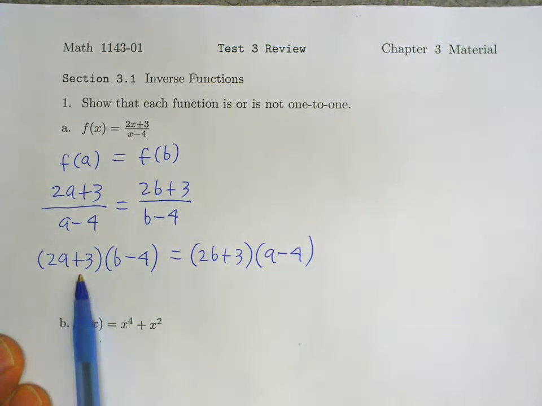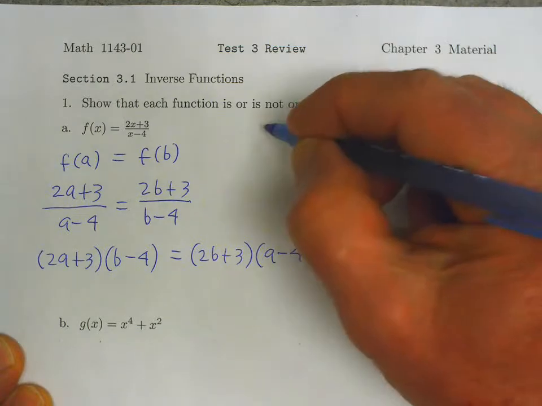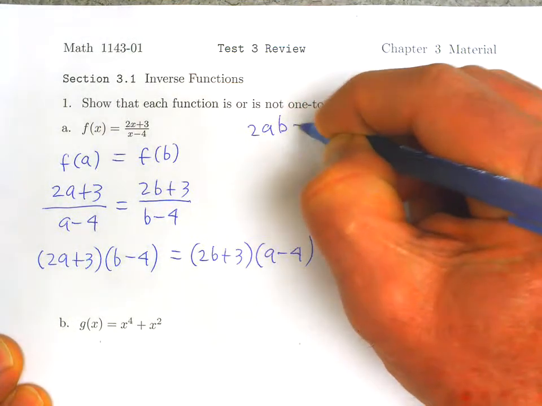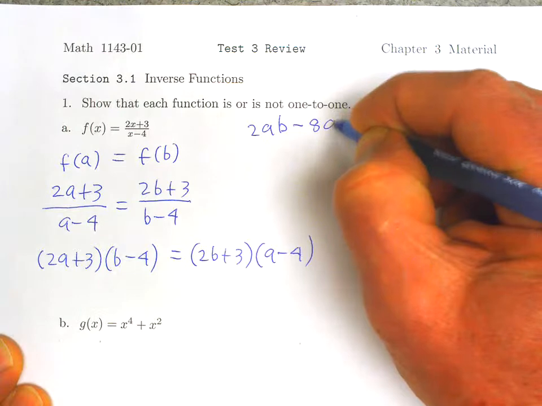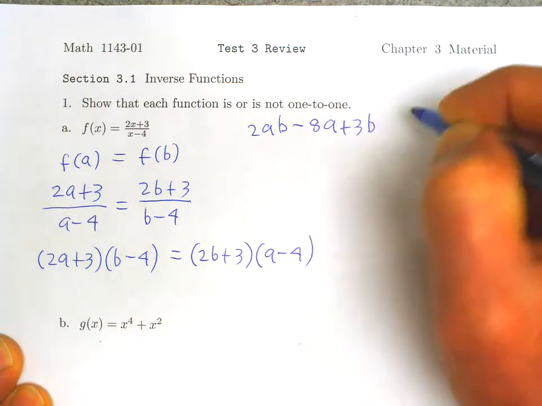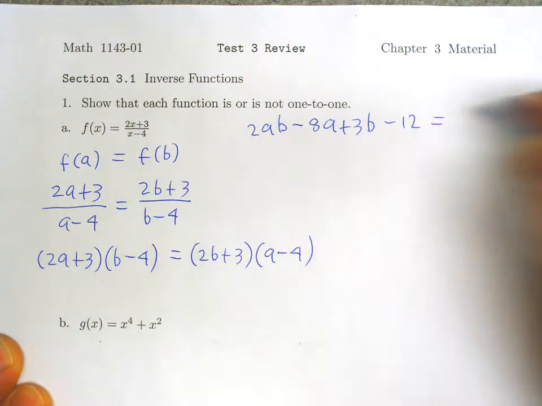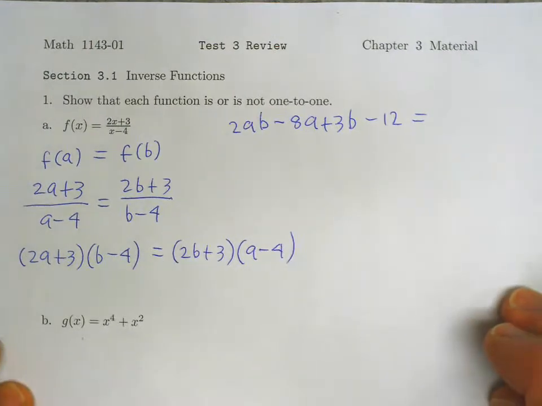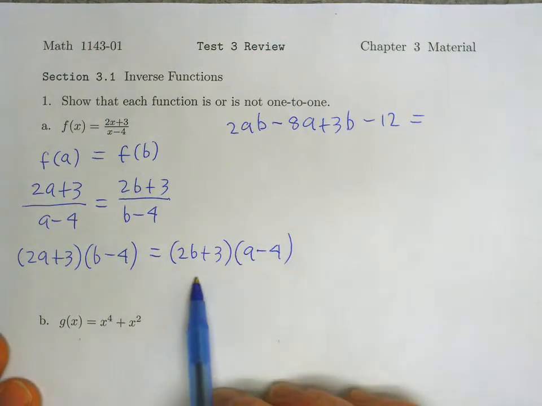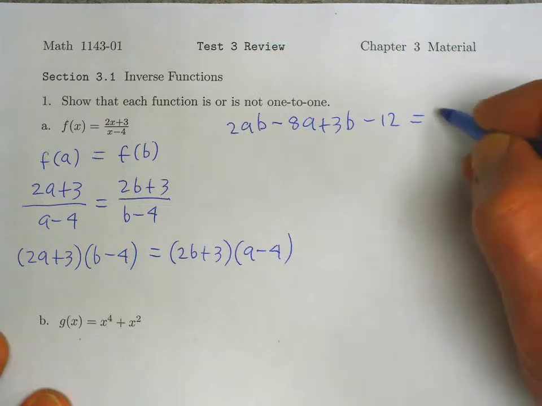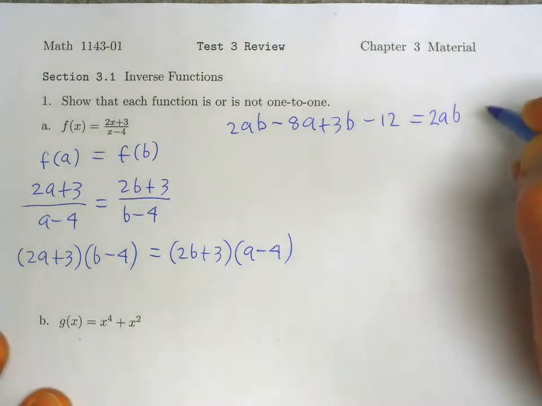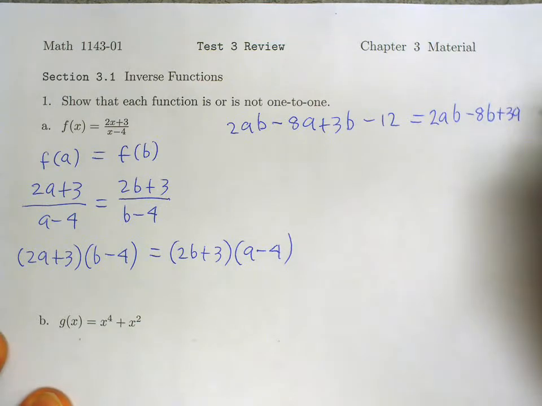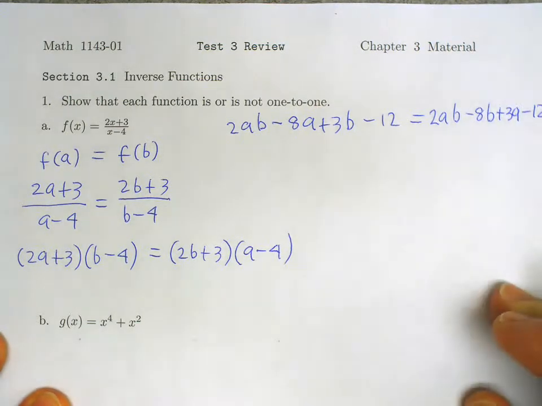Multiply the two binomials on the left, we get 2ab minus 8a plus 3b minus 12, and that's equal to the product of the binomials on the right-hand side, which is 2ab minus 8b plus 3a minus 12.